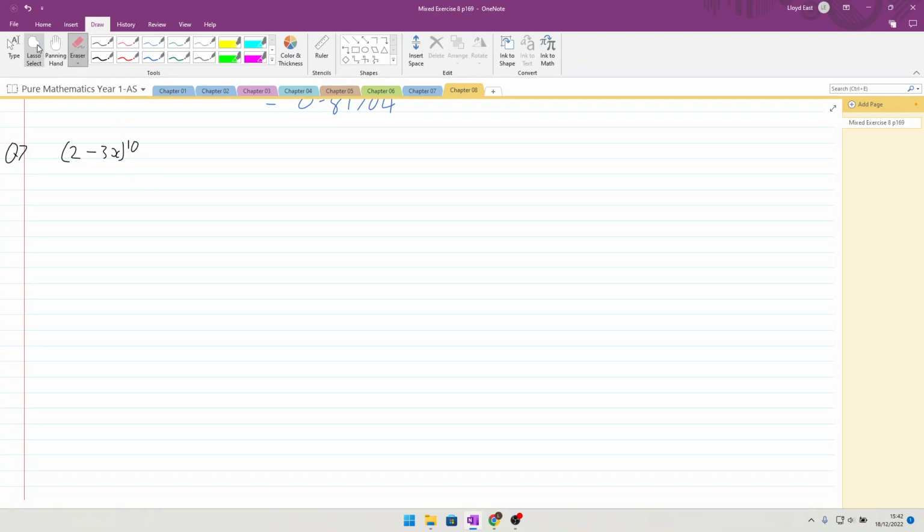Right, so we can start off here and we can say that 2 to the power of 10 is equal to 1024. Okay, now we can say that the 10C1 times 2 to the power 9, times minus 3x. 10C1 is going to be 10, should be.